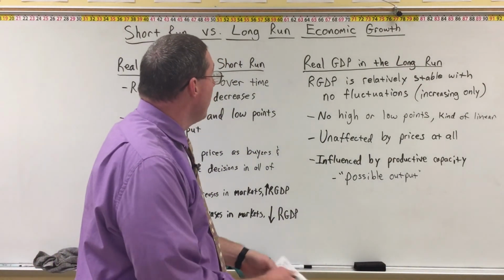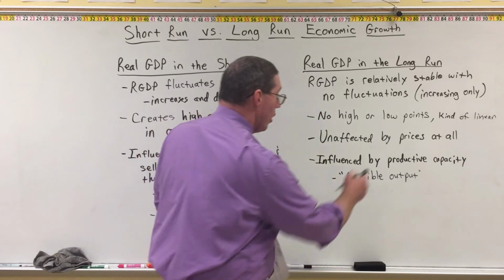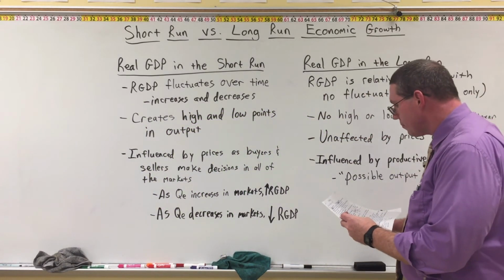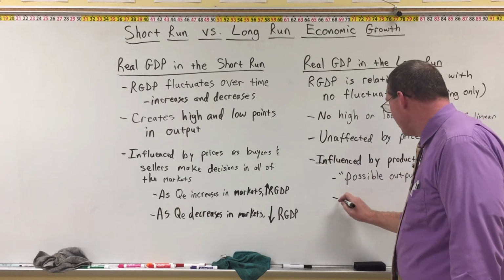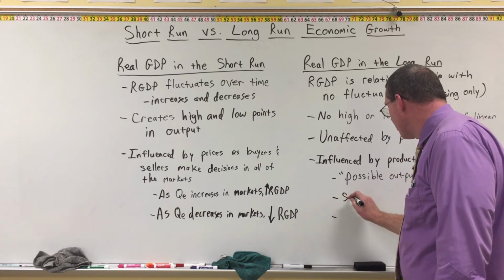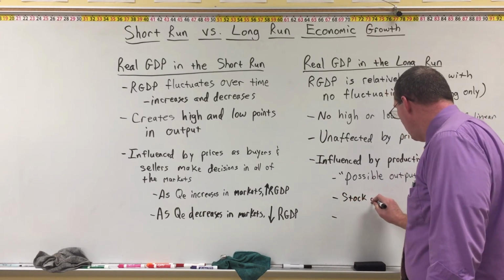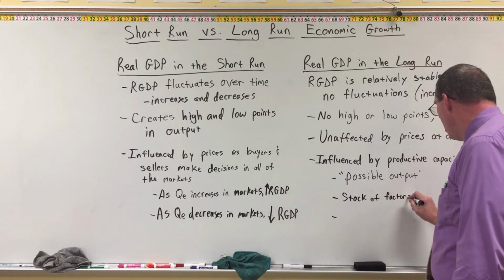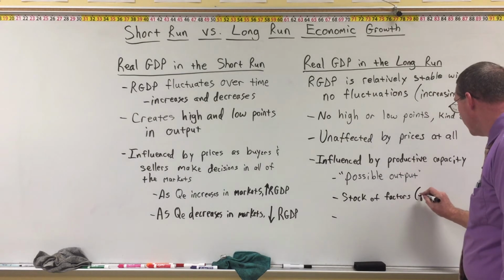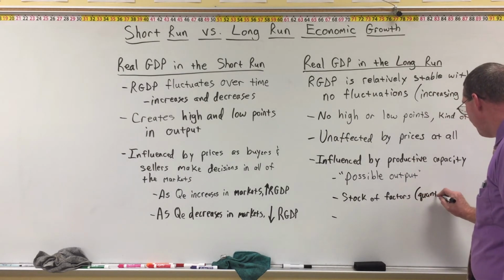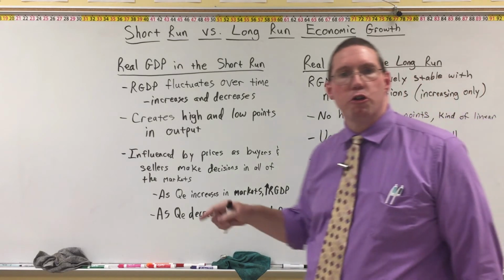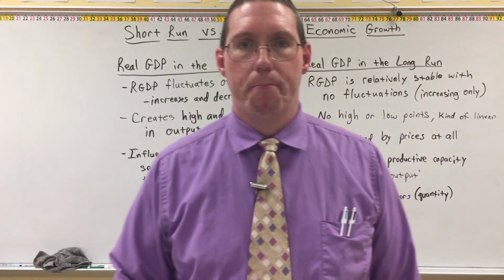Well, if you go back to the lesson on productive capacity, maybe you'll recall that productive capacity is affected by 2 things. Stock of factors of production, or stock of factors, which we said was the quantity of factors of production. How much land, labor, and capital do we have in this economy?